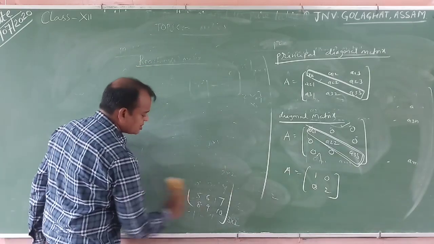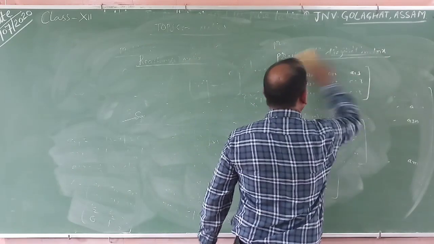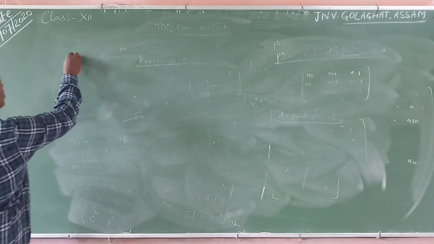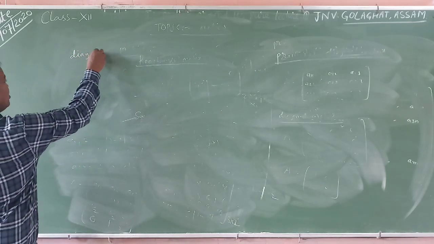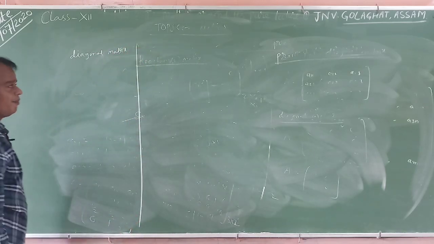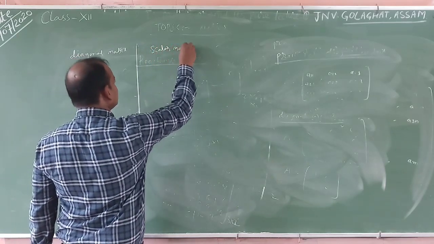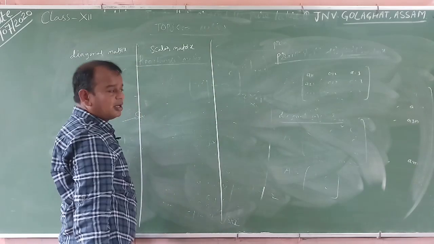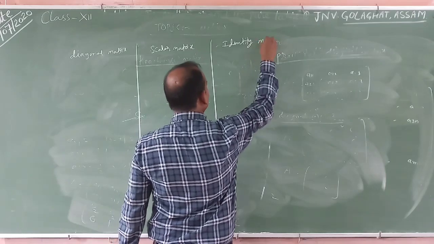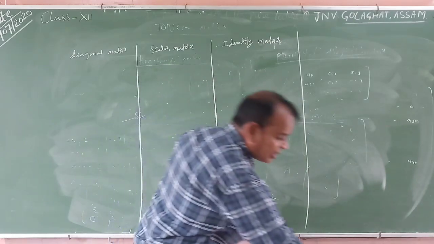Now, listen carefully. After the diagonal matrix, the next one is the scalar matrix, and the next one is the identity matrix.